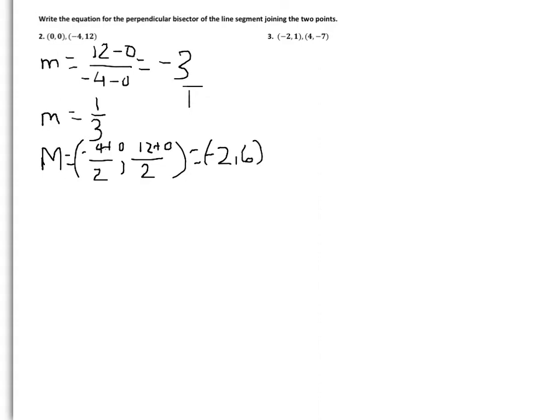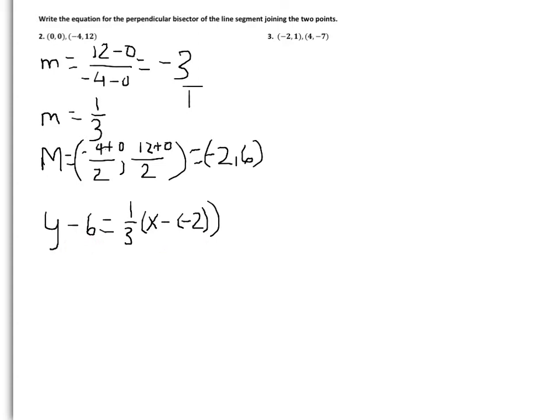So now use point slope form, remember? So it's y minus y1 equals the slope times x minus x1. So I'm using the midpoint, plugging in the x coordinate and the y coordinate.